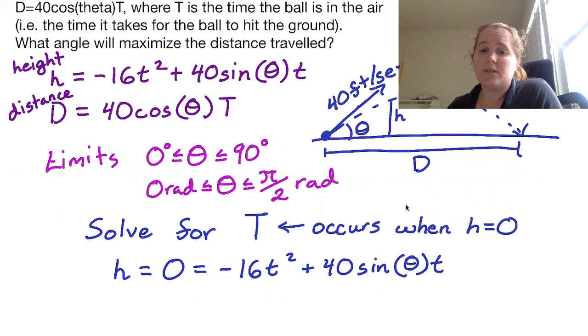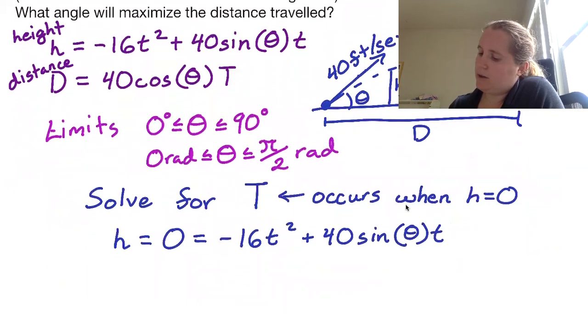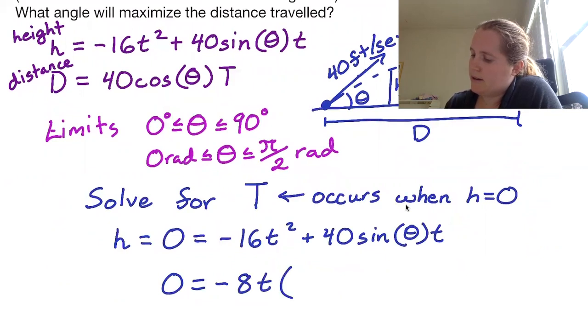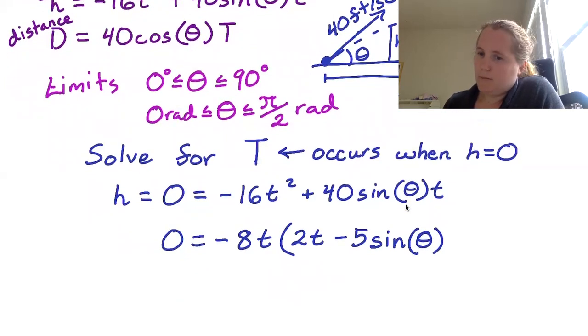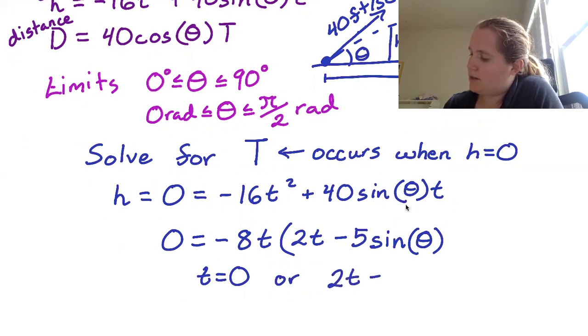Both of those terms have a t in them. They also both have an 8. So we could go ahead and factor out a negative 8t. And we would be left with 2t minus 5 sine of theta. And so we either have t equals 0, which is when the ball is kicked, or 2t minus 5 sine of theta equals 0, which will be when it lands.